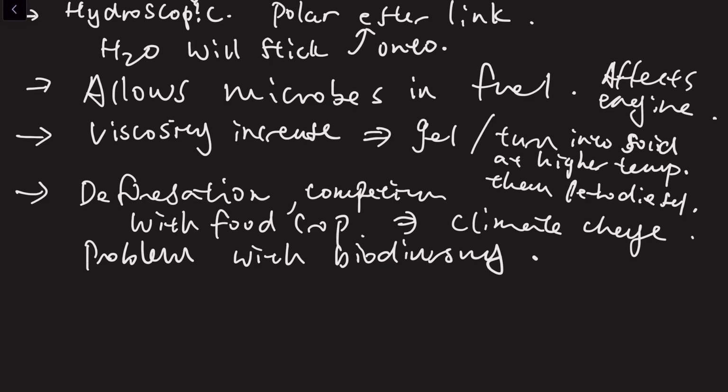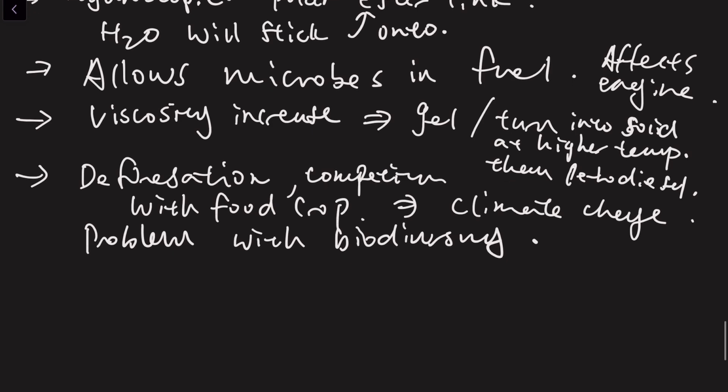Because biodiesel is derived from fats and oils, people may plant lots of palm trees for the production of biodiesel. And this can cause a loss of biodiversity.